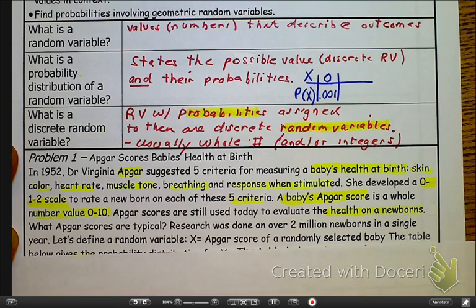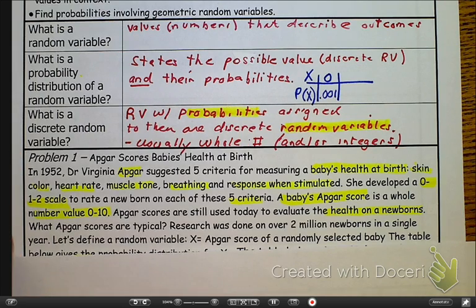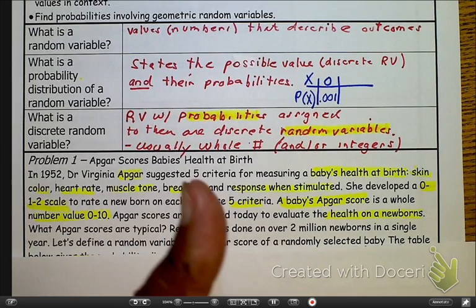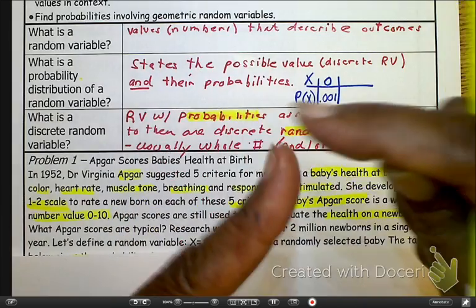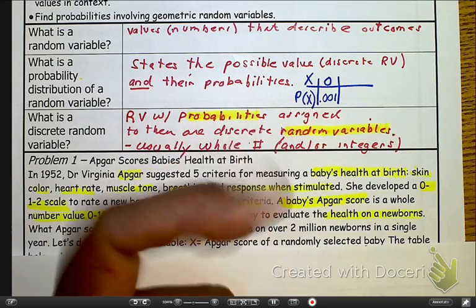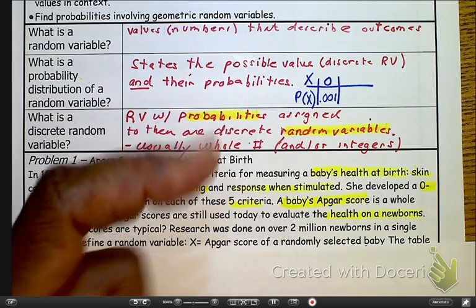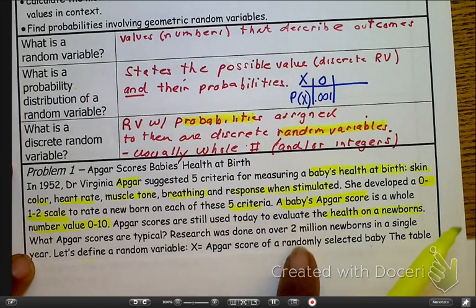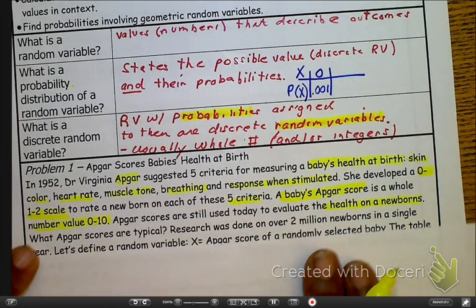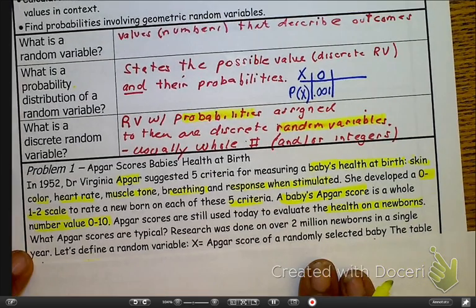For response to stimulus, they take the little baby's foot, take a little object and do this, and if the baby's toe wiggles, then they grade it according to how the baby reacted. So that's what they're referring to as response to stimulus. The other ones are pretty obvious.